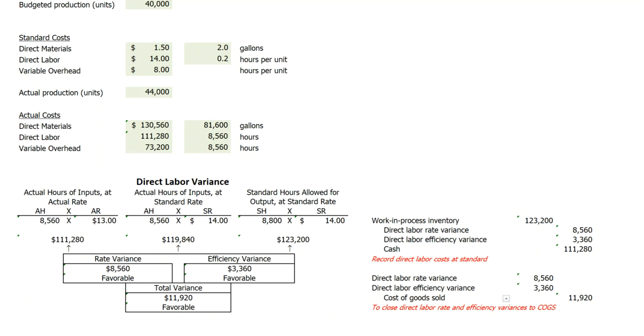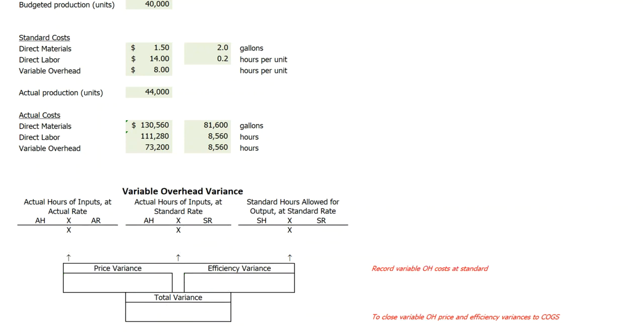Finally, let's record our standard journal entries for variable manufacturing overhead in our standard cost system. Once again, we'll begin by calculating our price and efficiency variances for variable manufacturing overhead. Our actual variable manufacturing overhead cost was $73,200, and we actually worked 8,560 direct labor hours. We can, of course, back into that actual variable overhead rate.